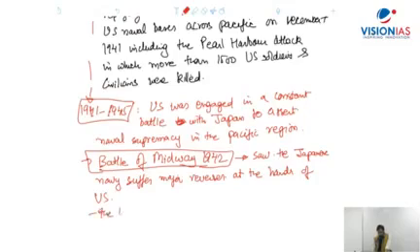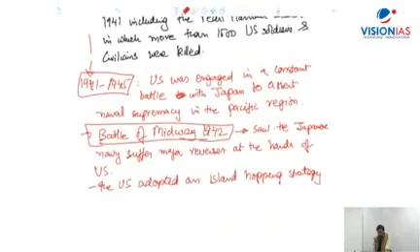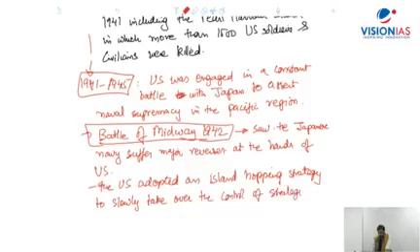The US adopted an island hopping strategy to slowly take over the control of strategically important islands in the Pacific region.